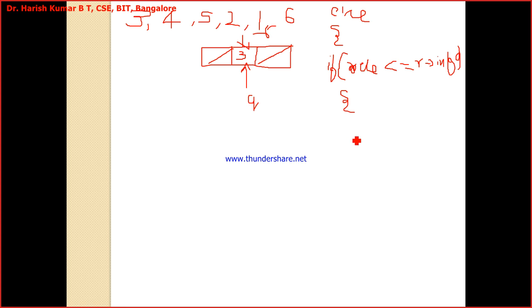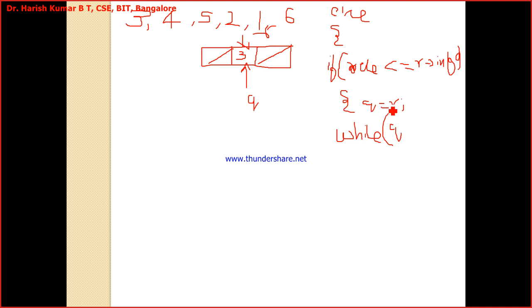Then I have to check a while. I'll make Q also point to R, Q is equal to R. See, if the element is lesser than or equal to R arrow info, now which tree do I need to travel? The left subtree.